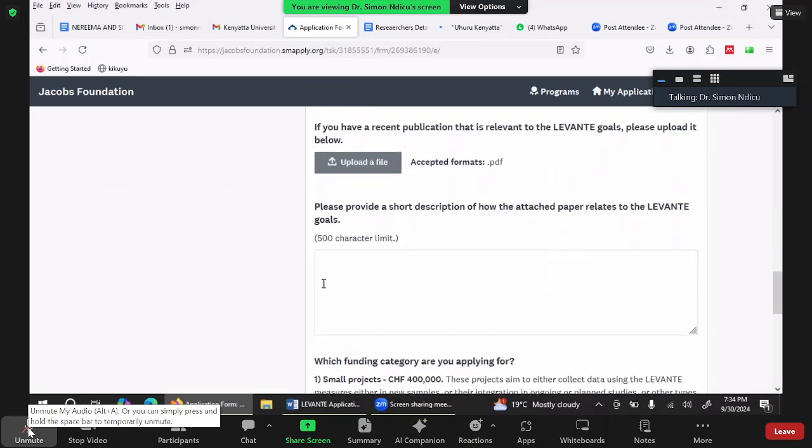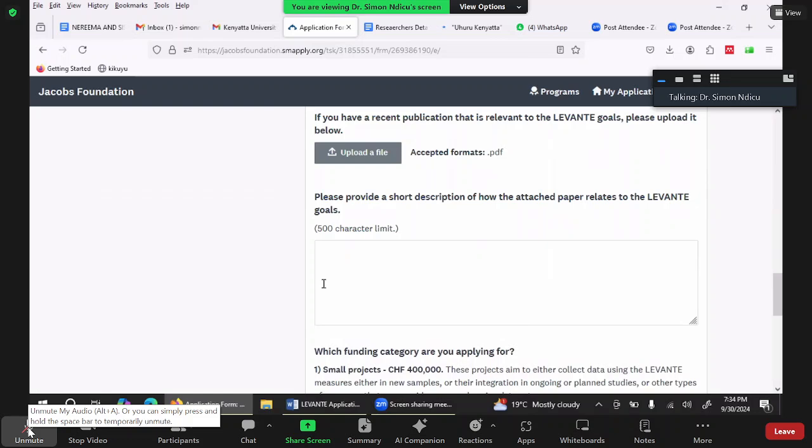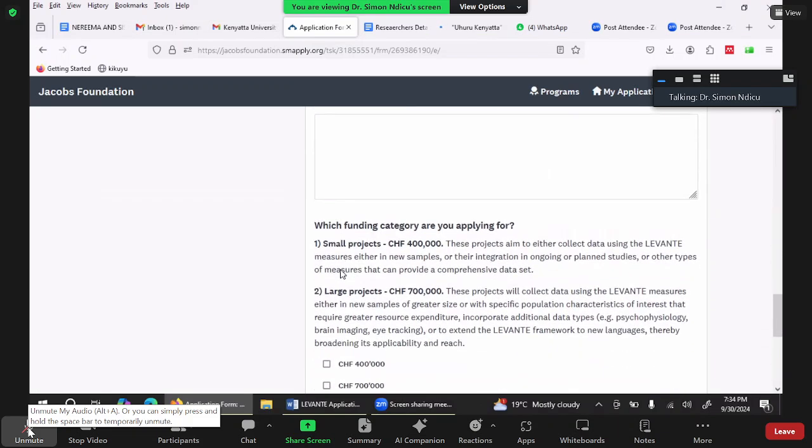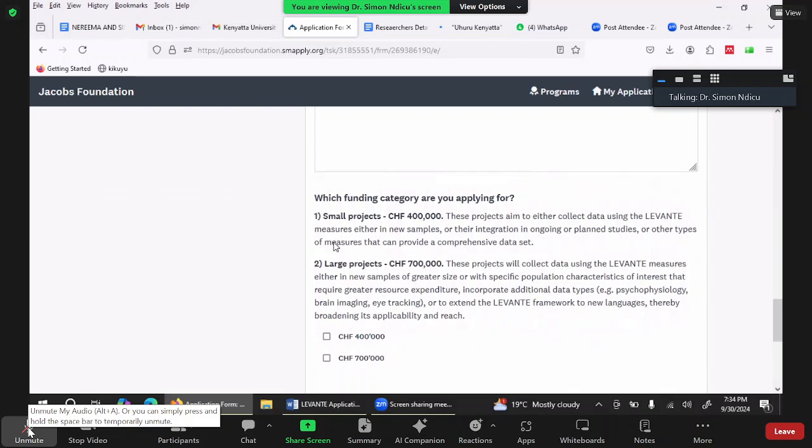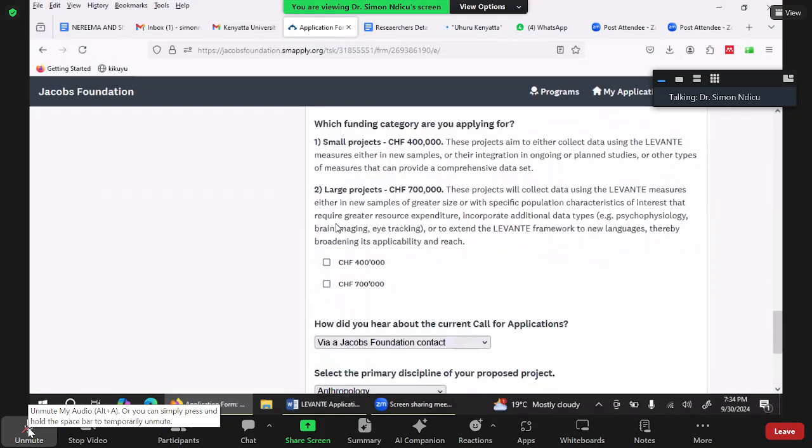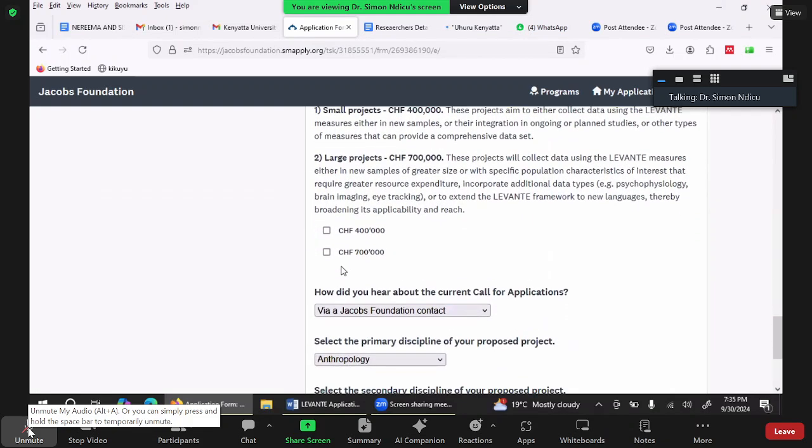So he has to provide the description of the published papers there, and then the funding category. So this is already agreed upon that we are going for the large project.